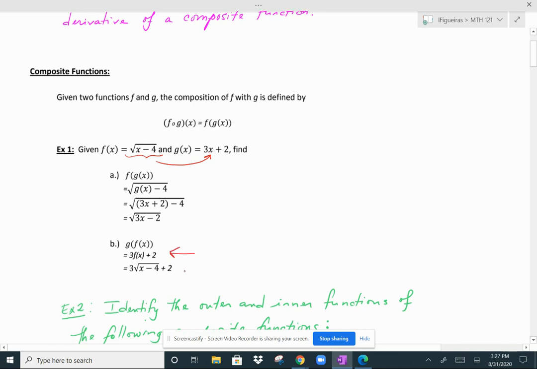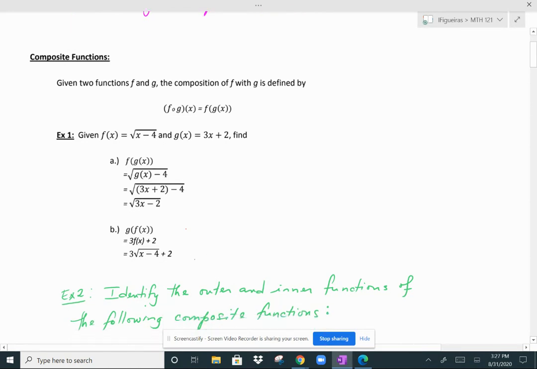And when you replace what f of x is equal to, your g of f of x is what you see here, 3 times the square root of x minus 4 plus 2. You can't do anything else in that case in terms of combining like terms because the minus 4 is inside the radical and the plus 2 is outside the radical.